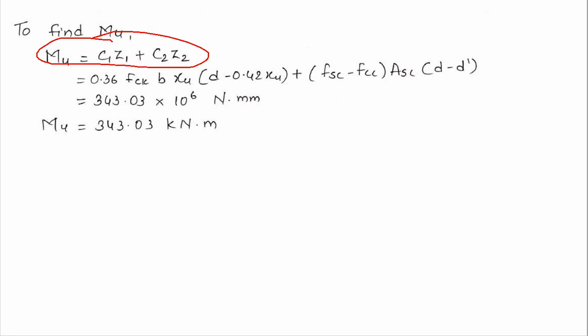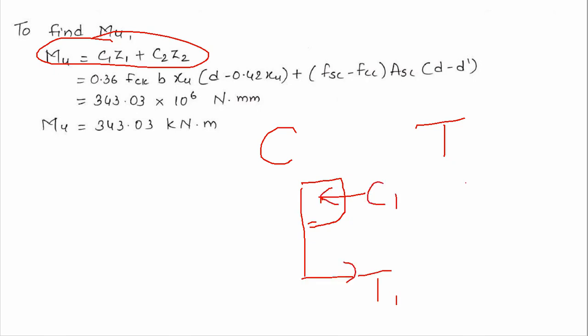Now here there are two considerations: we can either take the compressive force C or we can take the tension force T. But in this case we need to always take the compression force C. Why so? If the stress strain diagram is to be seen, this was our singly section, that's C1, and here it was T1. If we see the auxiliary section, here somewhere it was C2 and here it was T2.